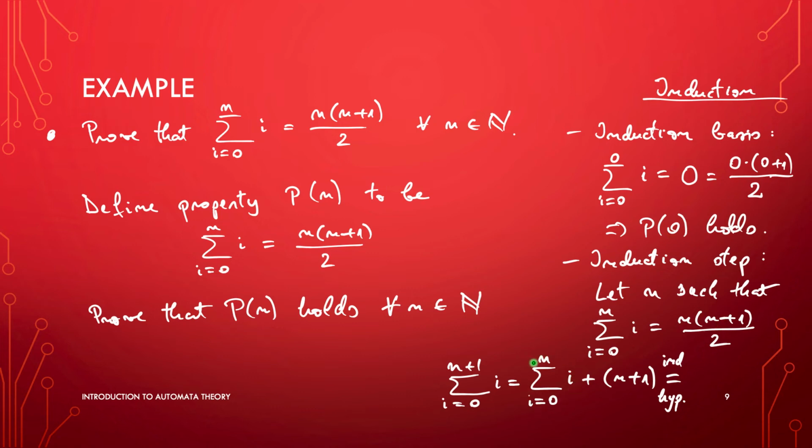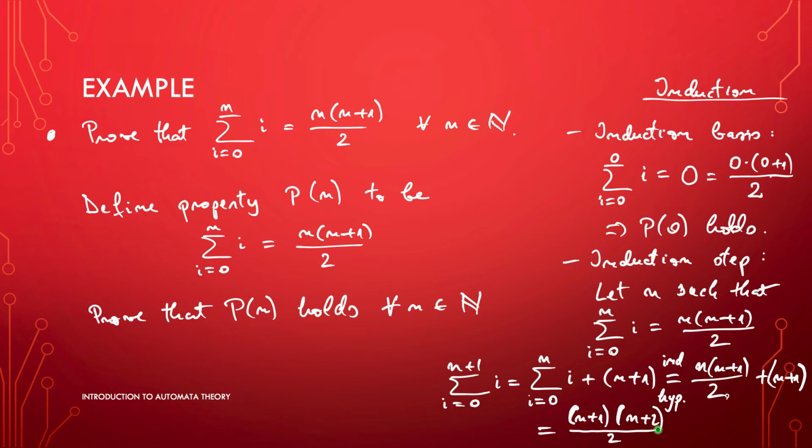And that's exactly what I have in here. So by the induction hypothesis, this is equal to n times n plus 1 over 2 plus the last term n plus 1. And when I'm doing the calculation, I can take n plus 1 as a common factor, and it's going to be n plus 1 times n plus 2 over 2.